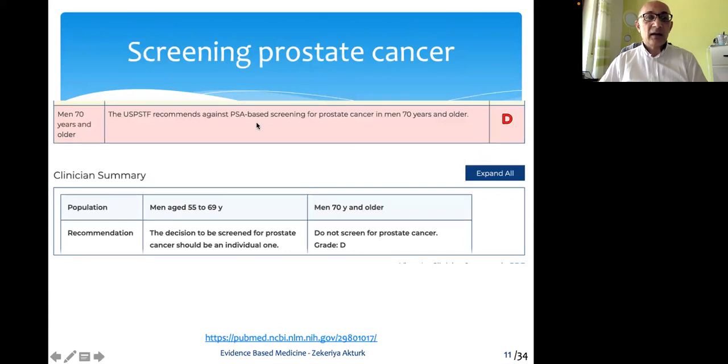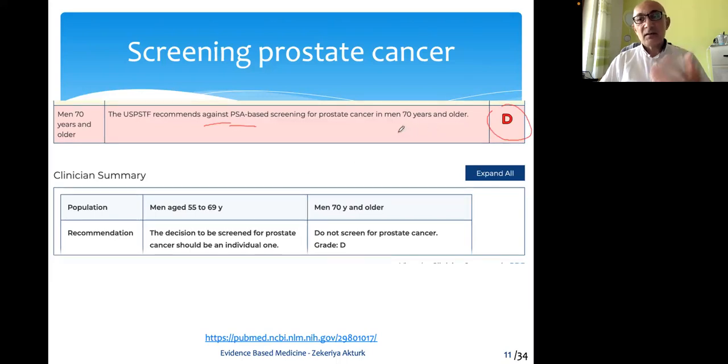What do the guidelines tell us regarding screening prostate cancer using the PSA, prostate-specific antigen? The U.S. Preventive Services Task Force has the recommendation D. That means they recommend against this screening.